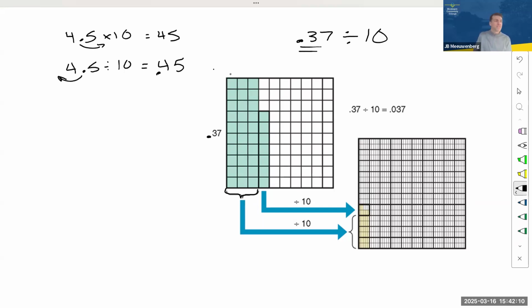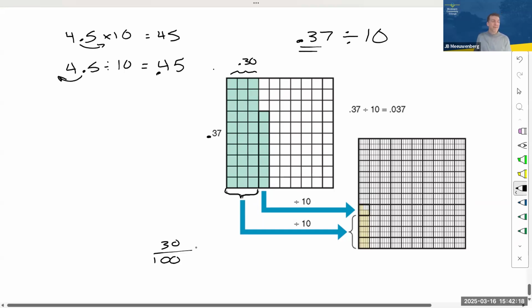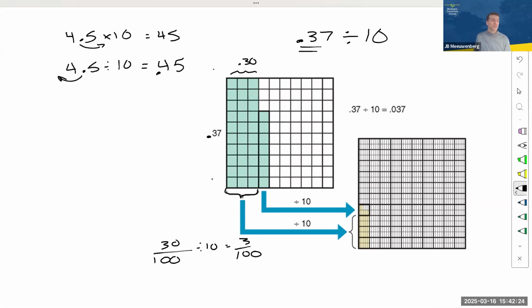Those first 3 columns, if I look at them as 3 tenths or 30 hundredths, if we divide those by 10, now we only have 3 hundredths. So those are represented here. So we went from having 3 columns to just 3 squares.